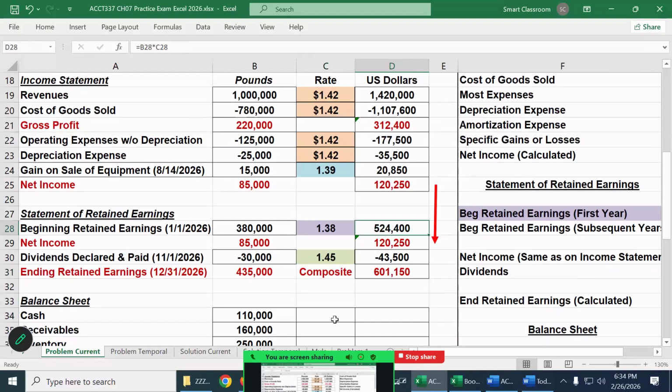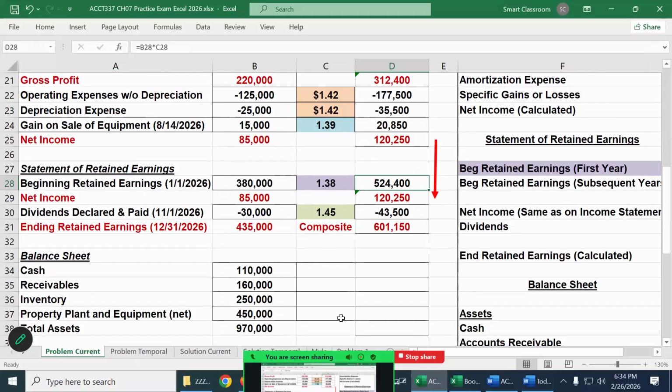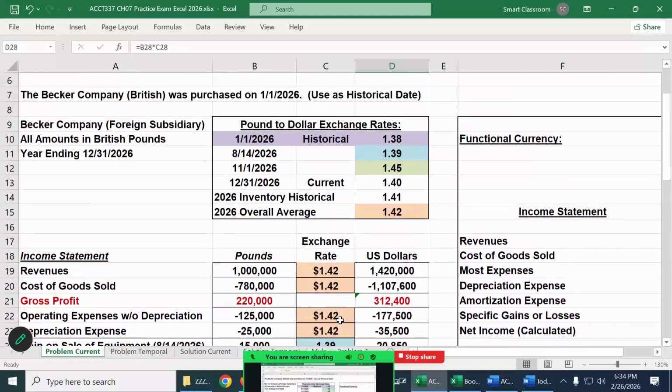All right, balance sheet. For the current method, this is really easy. And again, they use a current rate. The current rate is really the year-end rate. So this is the year-end.